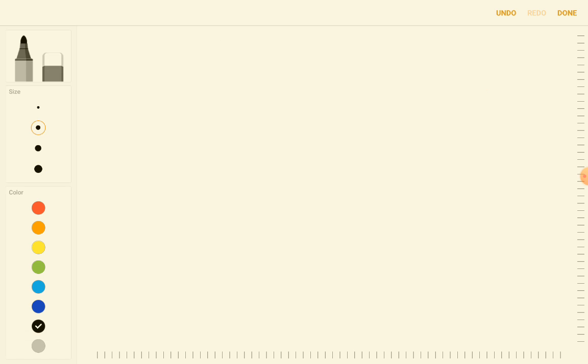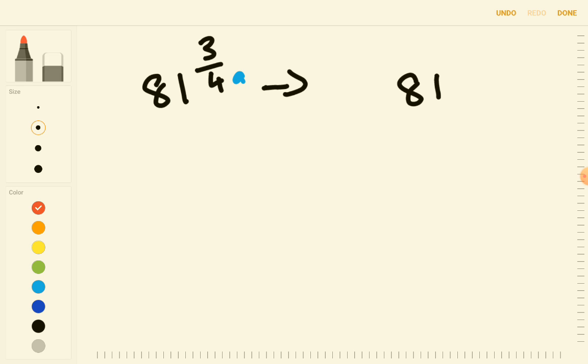For our next problem, we have 81 to the power of 3/4. When we write this out, we get 81 as our base. Our a is the denominator, and our b is the numerator. We would take the root to the value of a, which is 4, and then the power of b, which is 3.